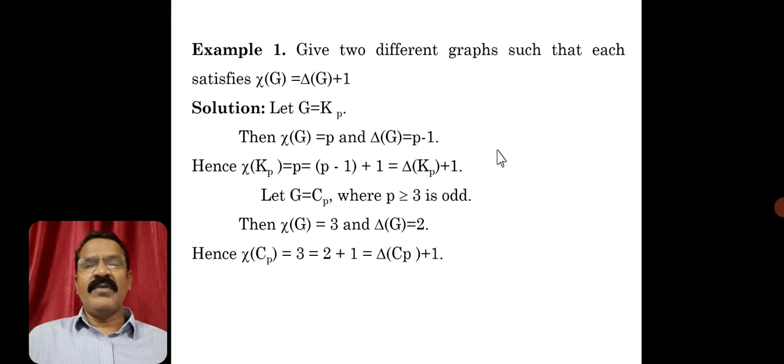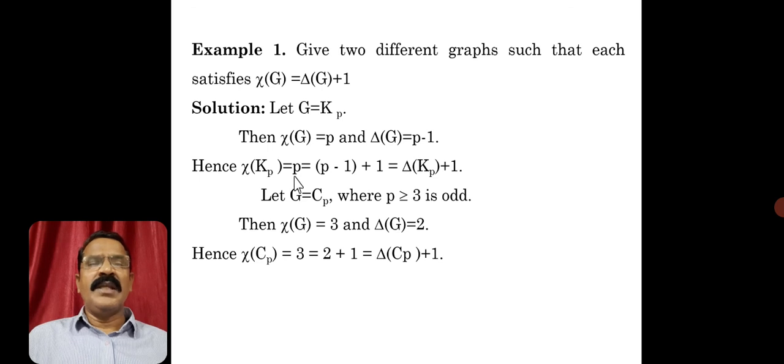It implies the degree of every vertex in Kp is p minus 1. Maximum degree and minimum degree are both one and the same. So the maximum degree of the graph is p minus 1. Then the chromatic number of Kp is equal to p. But this p you can rewrite by adding and subtracting 1.